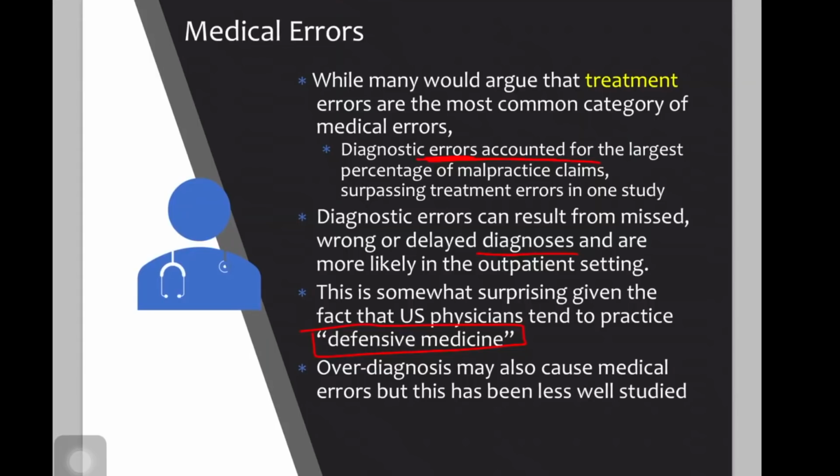He could relate that and start treating by giving certain medications, which could result in more harm than good to a patient. But overall, we don't have supporting numbers at this time that show that overdiagnosis causes medical error.